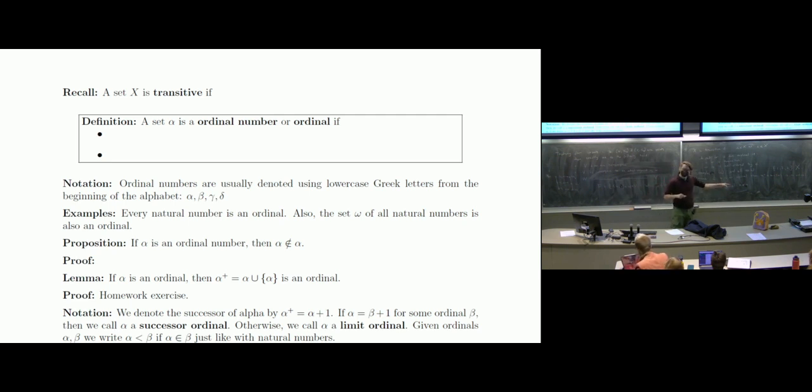And the proof is very, very stupid. You assume that it is, and we derive a contradiction. If not, then alpha is in itself, and that means the set containing alpha is a subset of alpha. If you're in yourself, then the set containing you is a subset of yourself. What's the least element of this set? It must have one. It's a non-empty subset of alpha. It's only got one element, so it must be itself.